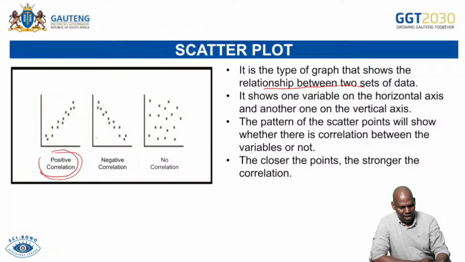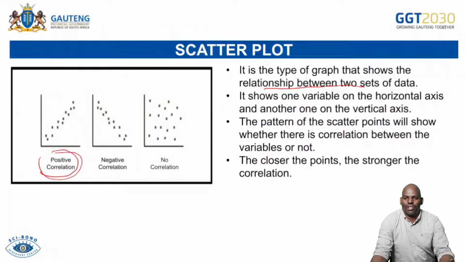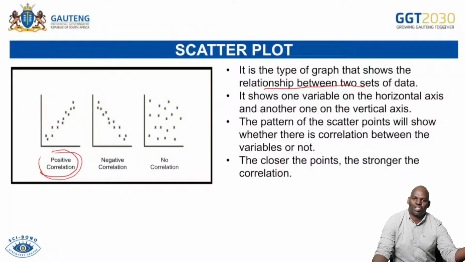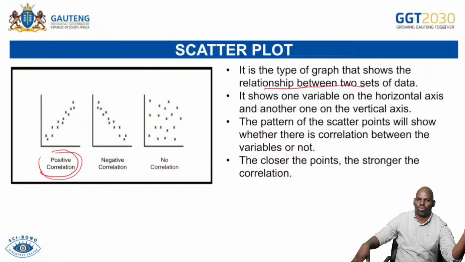Then for this one, it's negative correlation. Now the negative correlation can be, for instance, let's say you like watching TV, you spend most of your time watching TV. What is going to happen with your marks? They are going to drop.